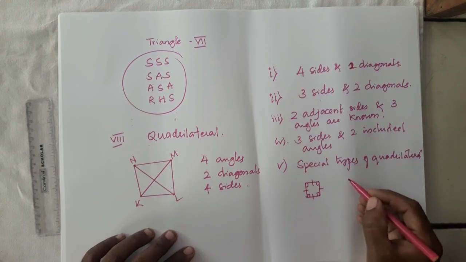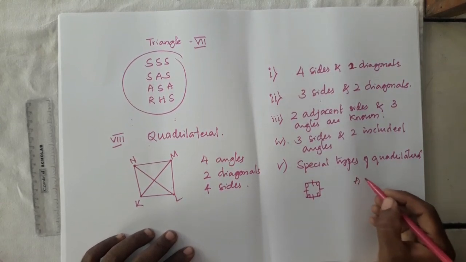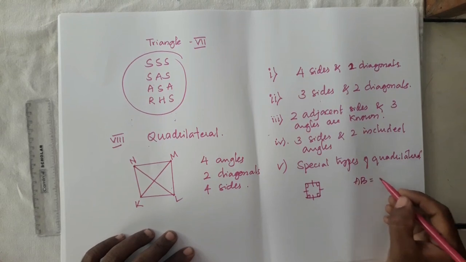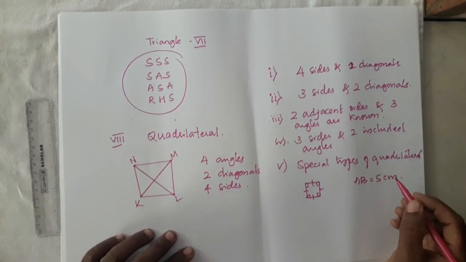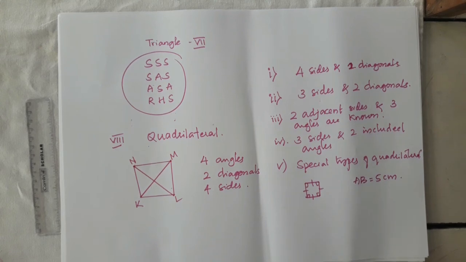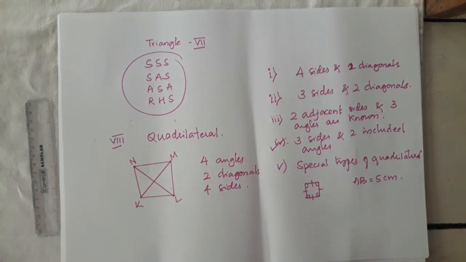We may construct a square with one of the sides AB as, say, 5 centimeters. So when one of the sides is known, we know all the sides. We know all the angles. So it is as if 3 sides and 2 included angles are given. So what we do is make use of the properties of that particular quadrilateral and then construct.